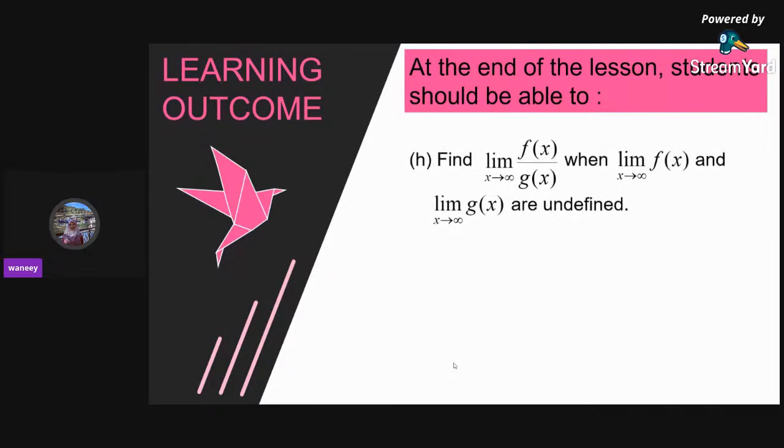Another one is that you should be able to find the limit for x approaching infinity for f(x) over g(x) when the limit for x approaching infinity for f(x) and the limit for x approaching infinity for g(x) are undefined. What we mean is that once you substitute the limit as x approaches infinity, you are going to get infinity over infinity. So nanti kita dapat infinity over infinity.